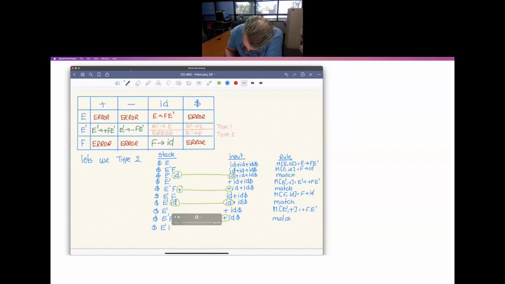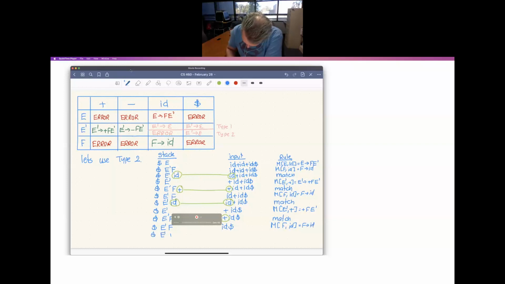So then we're down to that and that. What's, oops, that's not an E, that's F ID. Note that whatever I have here is always the top one there and is always the left-hand side there, right? So that's F goes to ID.